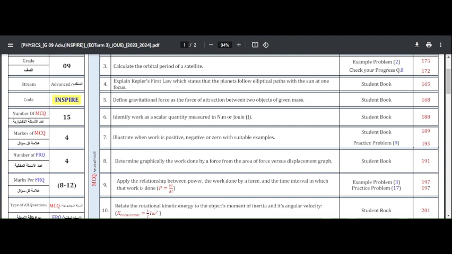So in the second method, which you can use, you will be given the radius of two satellites which are orbiting the Earth or maybe some other planet, and they could give you the time period of one of the satellites, and you may have to find the unknown, the period of the satellite which is not given.